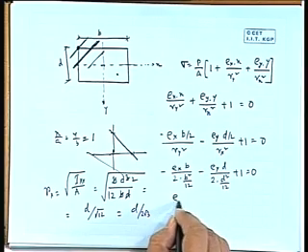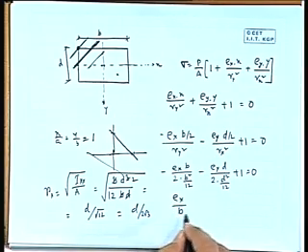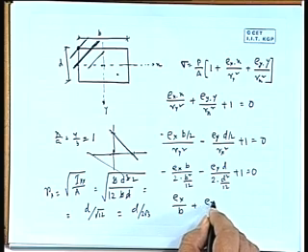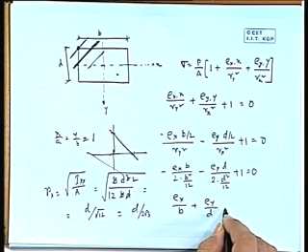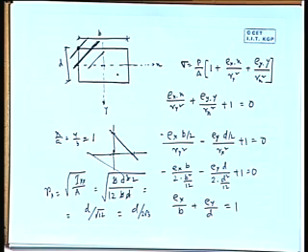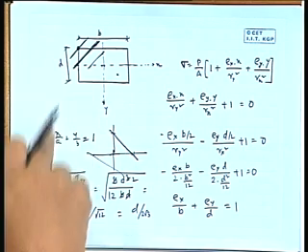So, you can write Ex divided by b plus Ey divided by d, that is equal to 1. Right. So, Ex by b plus Ey by d is equal to 1. B and D, the actual values we have substituted here.